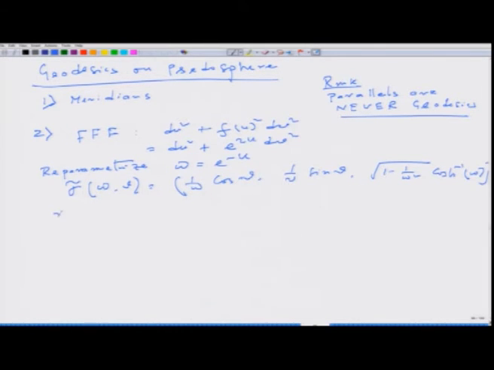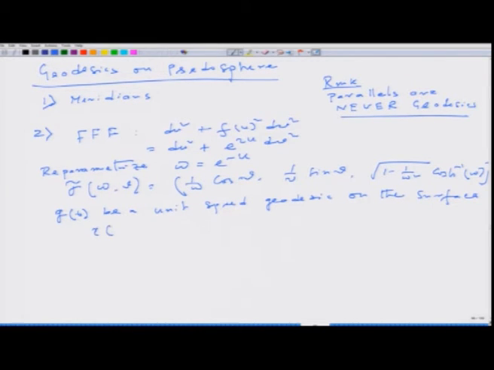So, let us take gamma(t) to be a unit speed geodesic on the surface, on the pseudosphere.